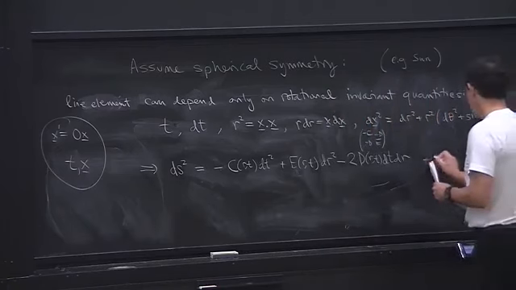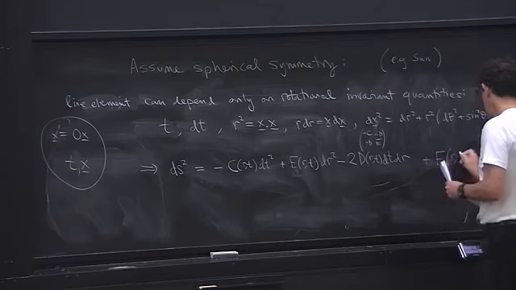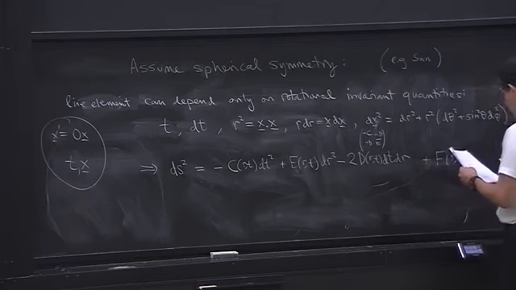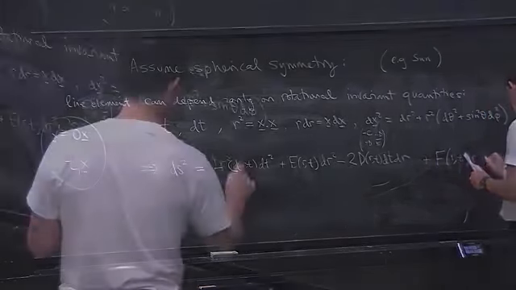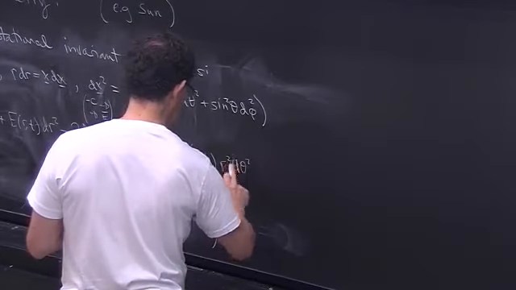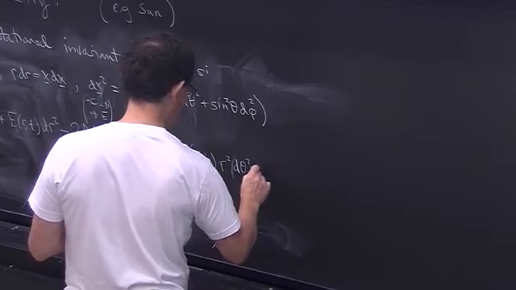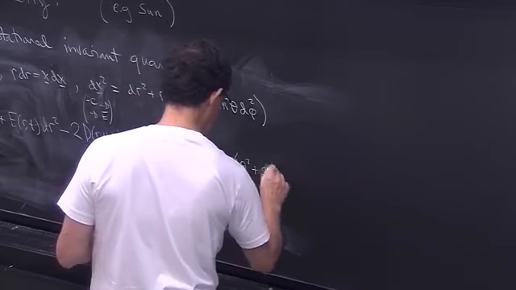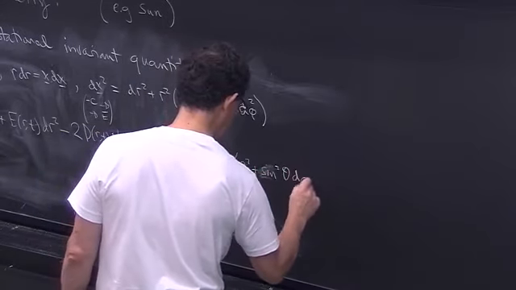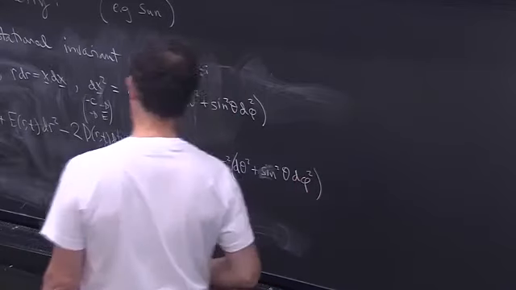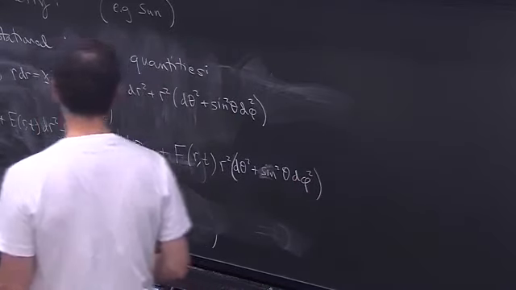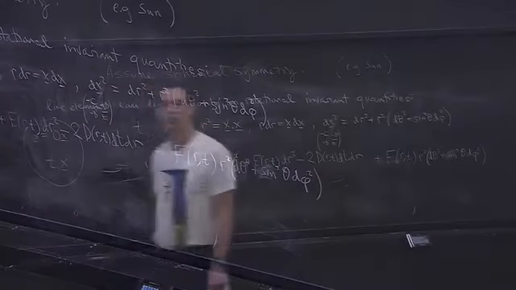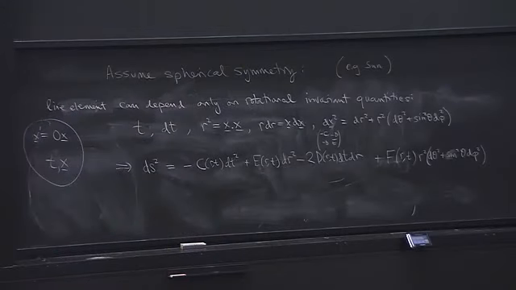And then I have f of r and t, some other function, times r squared, d theta squared plus sine squared theta d phi squared. Okay, so that's the most general thing you could write down that has a spherical symmetry.